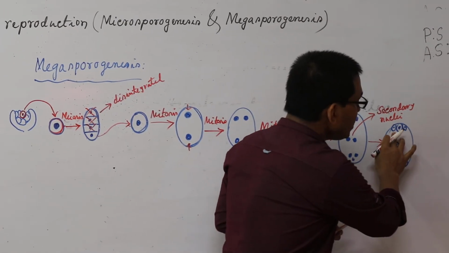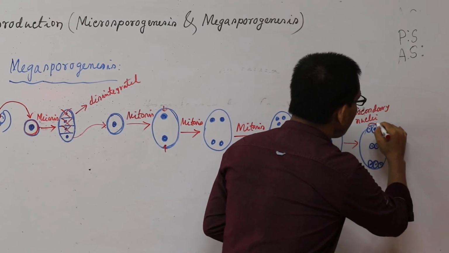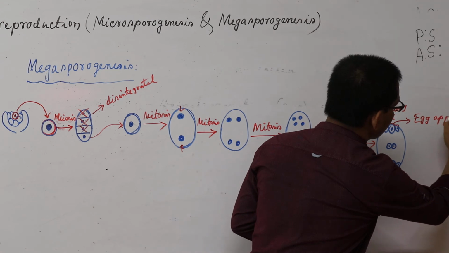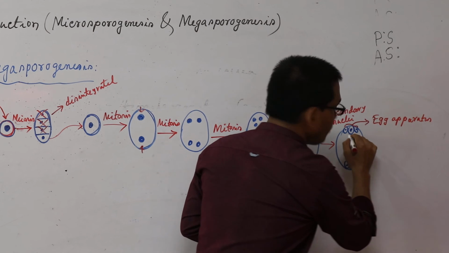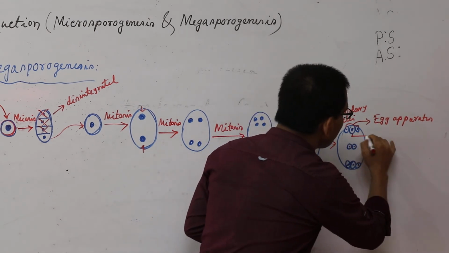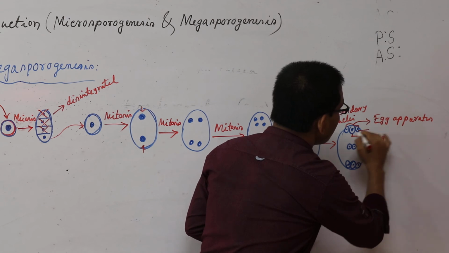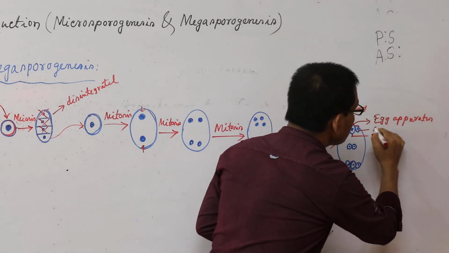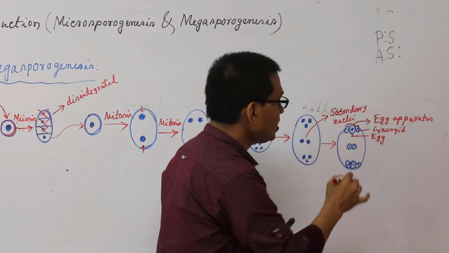And these 3 cells form egg apparatus. The middle large cell is known as egg, and the cells beside the egg are known as synergid cells.